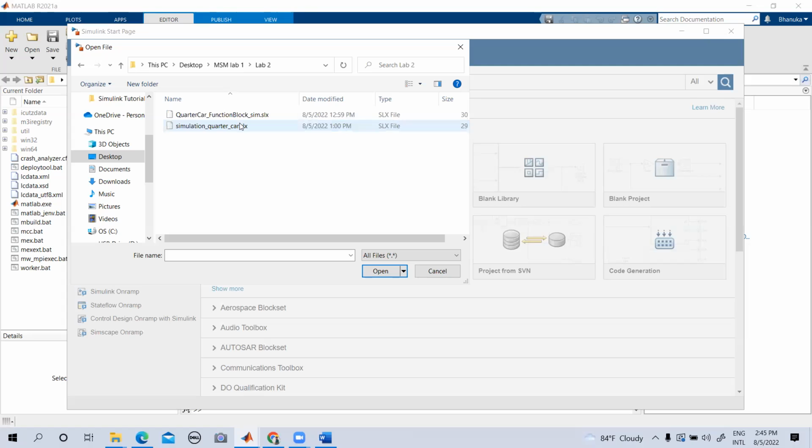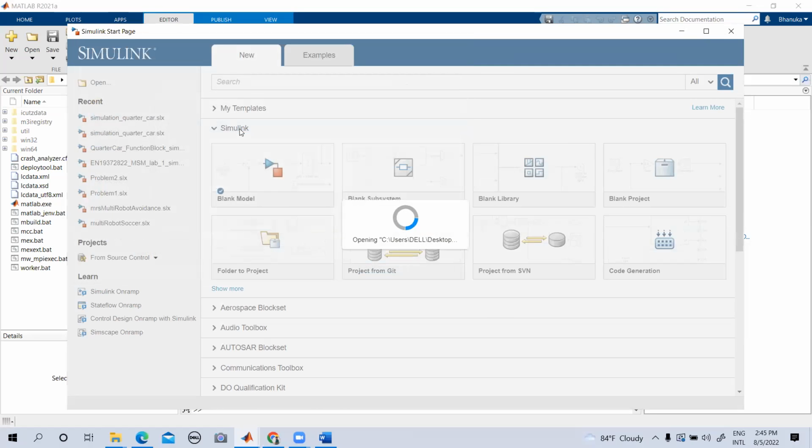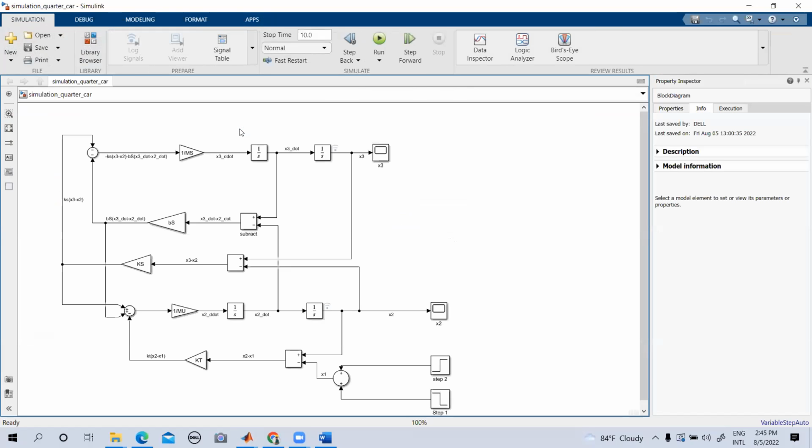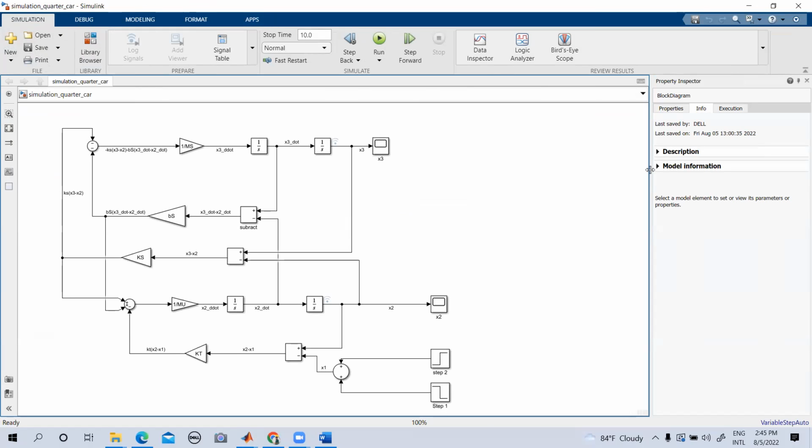Lab 2. So this is the simple model for this system. We are having three velocities, x3 and so on.